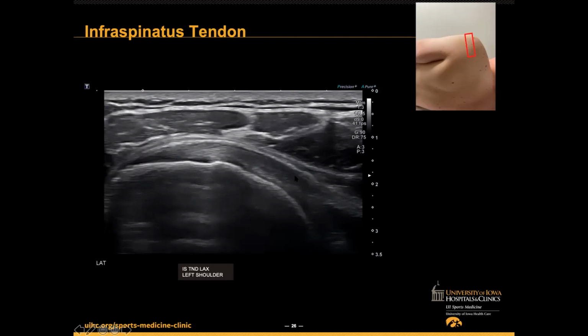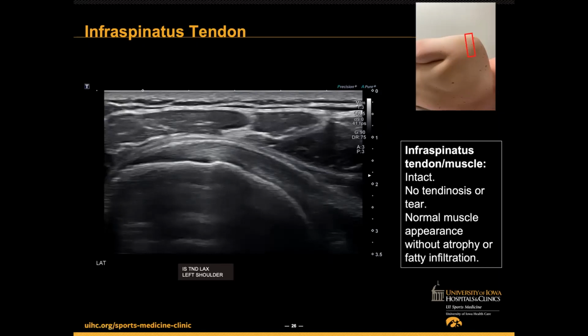The tendon is very normal in appearance with nice fibers, no evidence of any thickening or hypoechogenicity, no tears, and no tendinosis. So first things first, we've finished our evaluation of the infraspinatus muscle and tendon. And it's intact with no tendinosis or tear, normal muscle appearance without any atrophy or fatty infiltration.